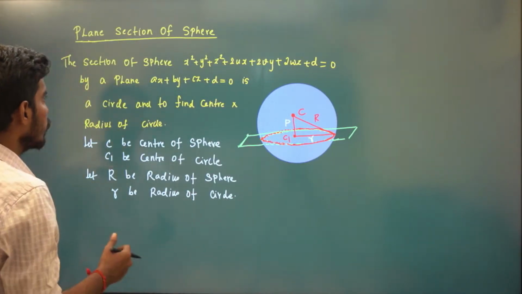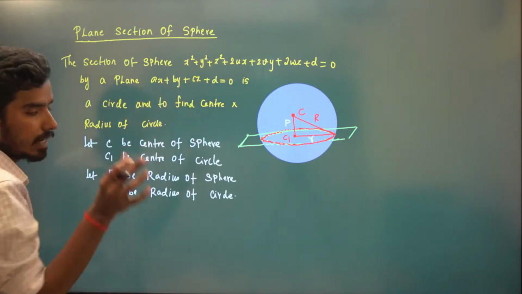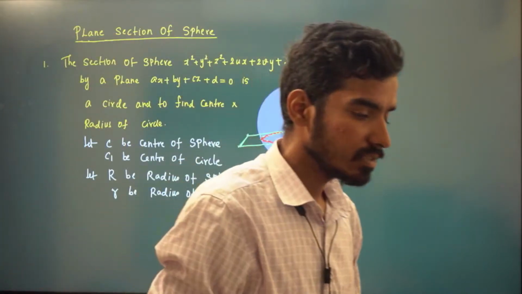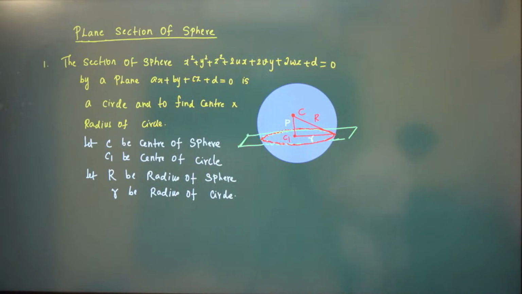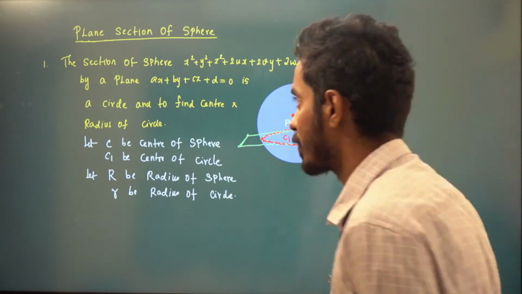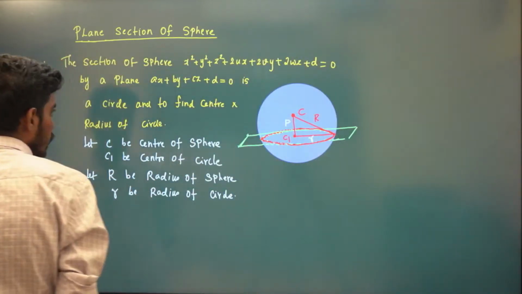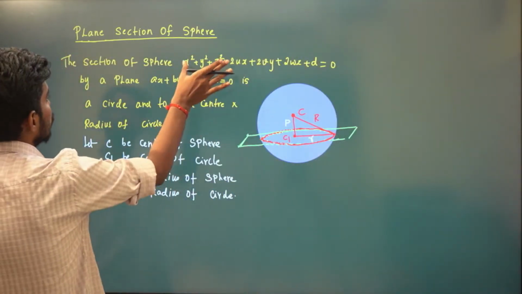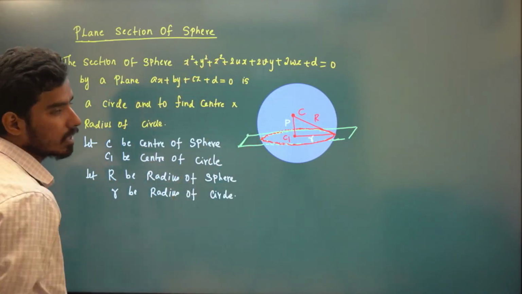Whenever you have an equation combining a sphere and a plane, that will be the circle equation. Very important. Because we know a sphere and a plane will give you a circle.